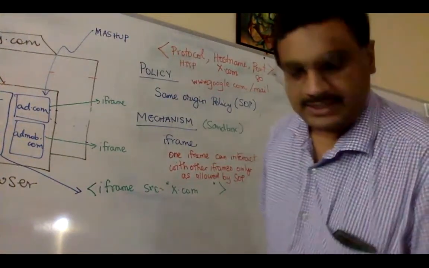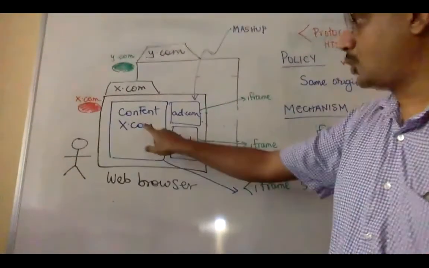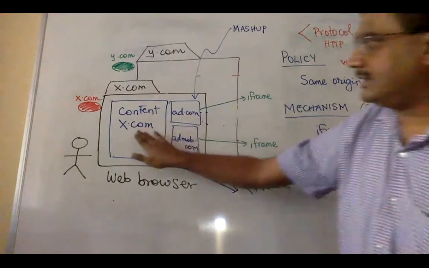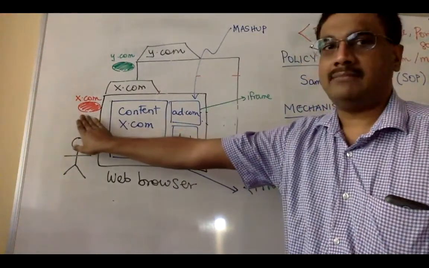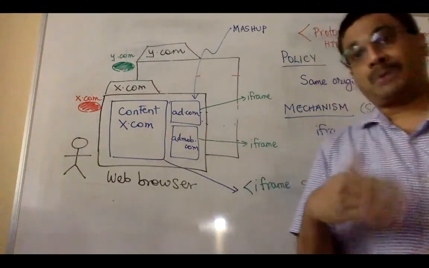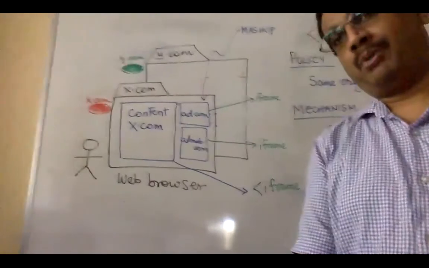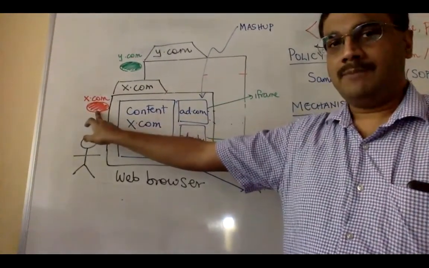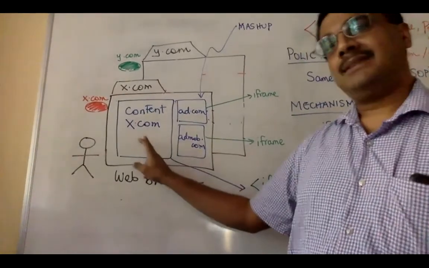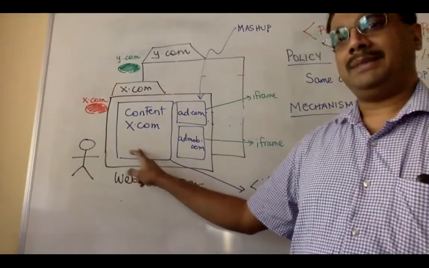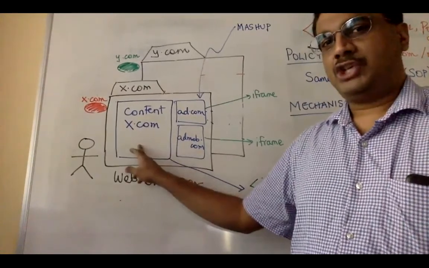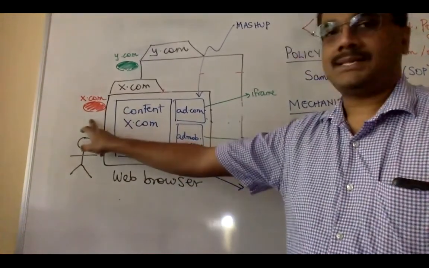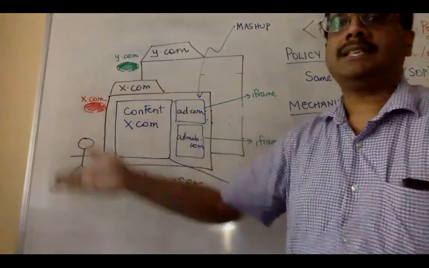So in other words, if you've got JavaScript code over here that's sent from x.com, it can only interact with cookies that have the same tag. The protocol, the host name, as well as the port, which is sent from the web server, is used to tag the cookie. And the same thing is also used to tag the JavaScript code that is displayed within this iframe. And the iframe will ensure that the JavaScript code over here can only access the cookies that have the same tag.